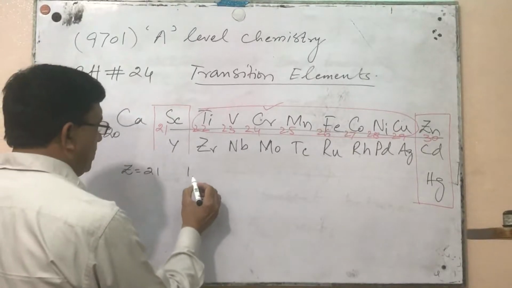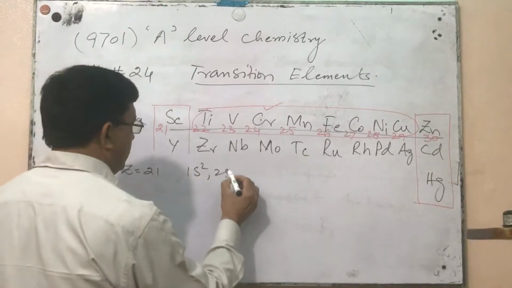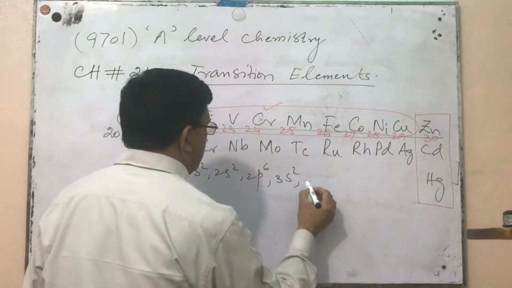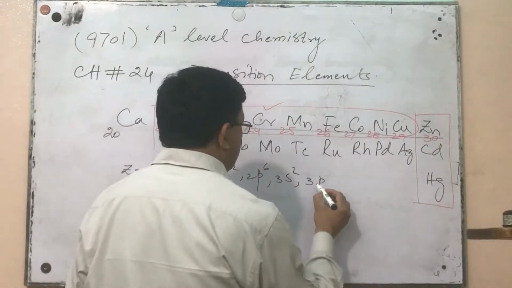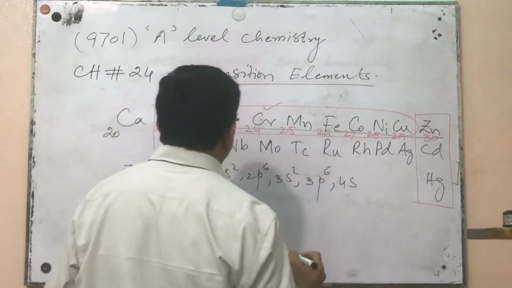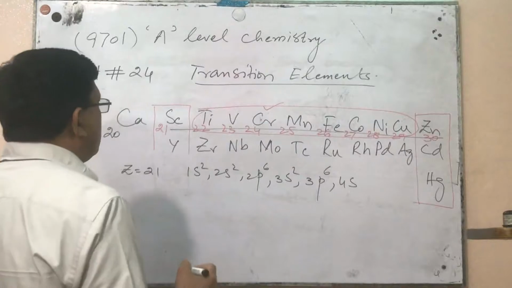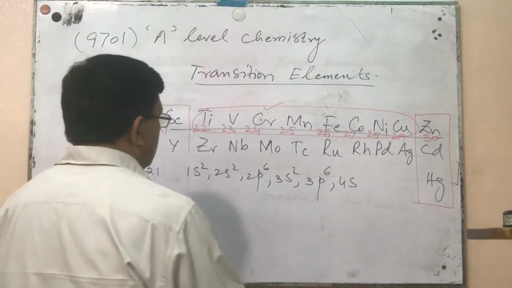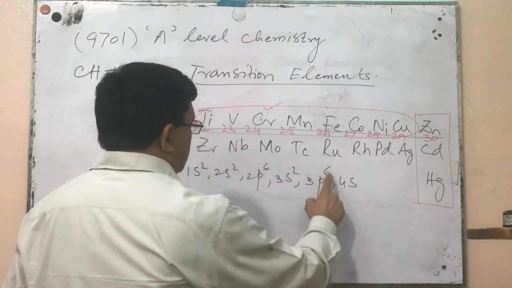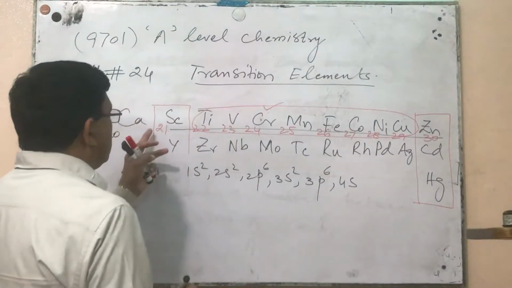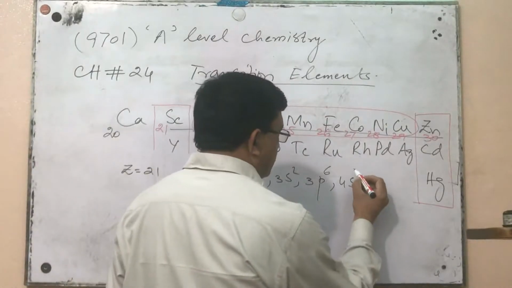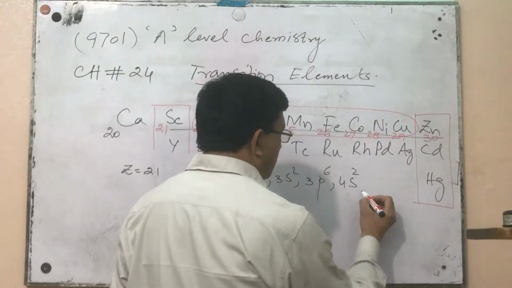The electronic configuration will become 1s2, 2s2, 2p6, 3s2 and 3p6, and then 4s. How many electrons will be there? 10 and then 8, 18, and 3 electrons left. Now 4s2, how many electrons are left?